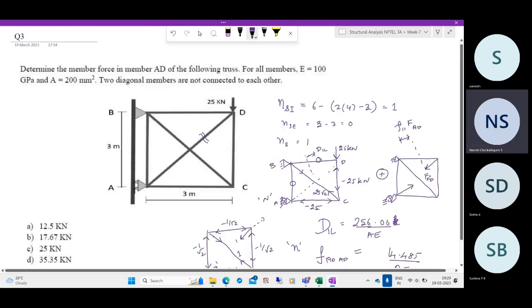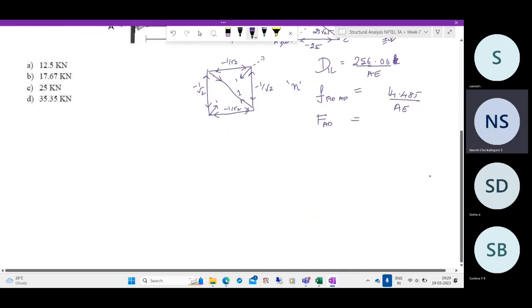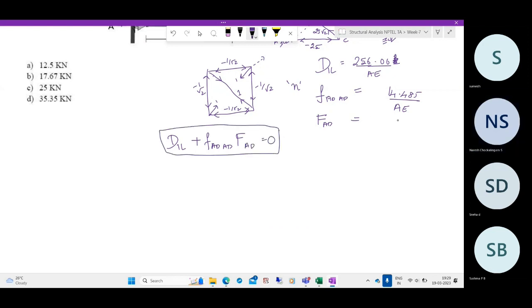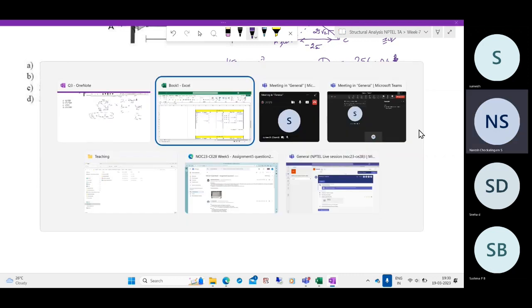So what is the compatibility condition that we got? D1L plus FAD times the force in the member AD is equal to 0, which means capital FAD is minus D1L by FAD.